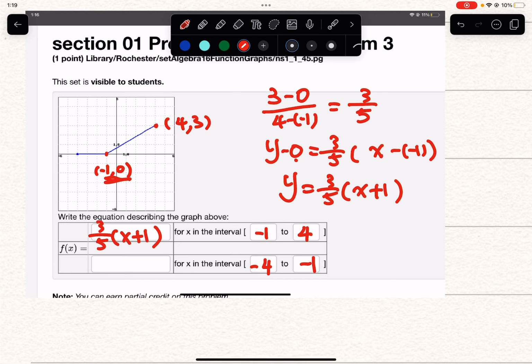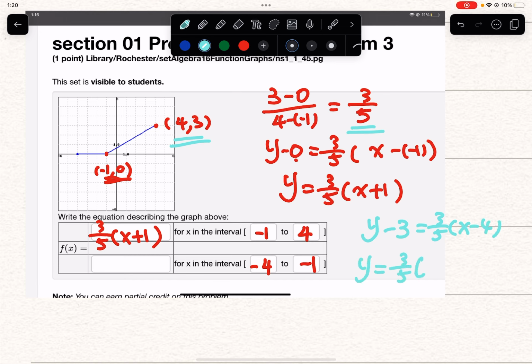Some of you might say, hey, what if I didn't choose that point? What if I choose a separate point? Well, it's the same line. You should be getting the same answer. So you'll be getting y minus 3 equals 3 over 5 times x minus 4, which is y equals 3 over 5x minus 4 plus 3.